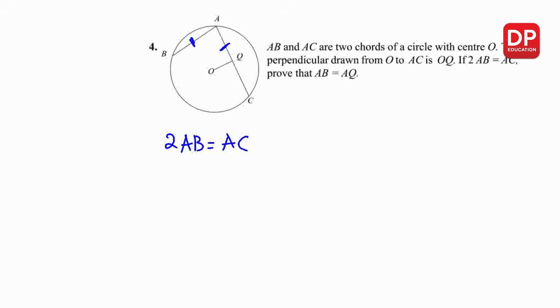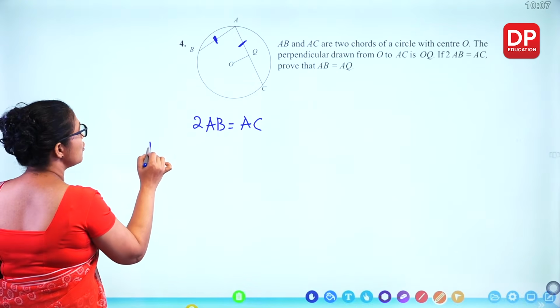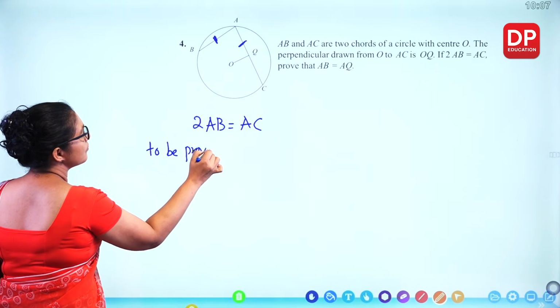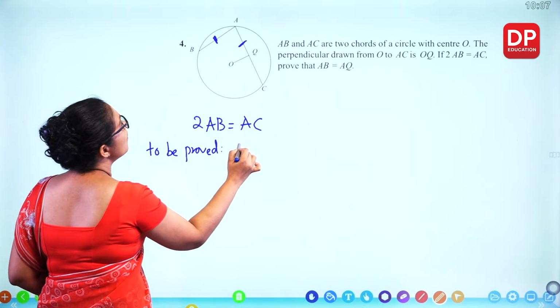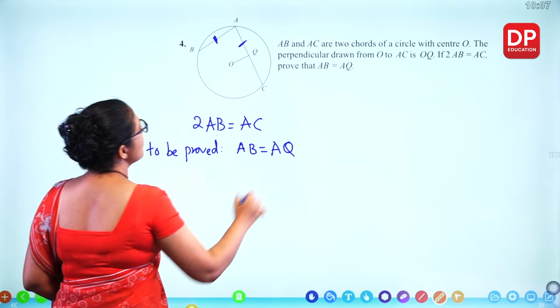So we need to show these two lengths are equal. What you need to prove is AB is equal to AQ.